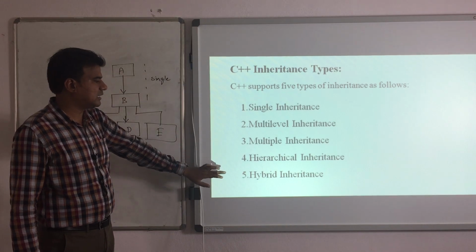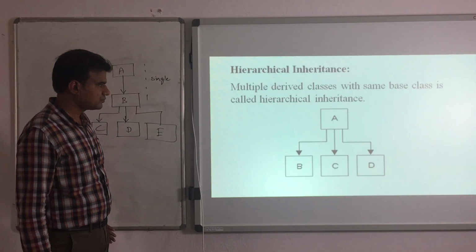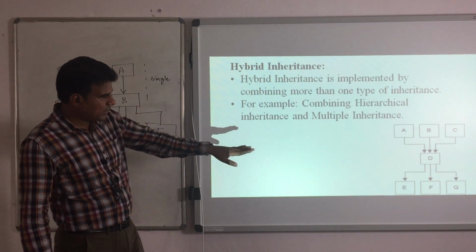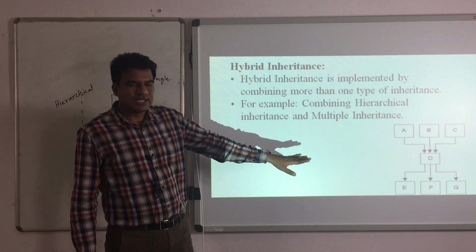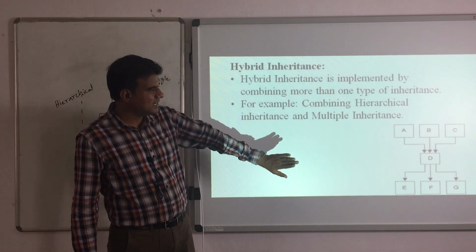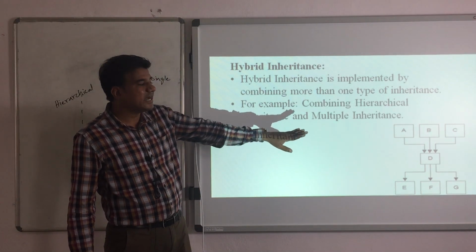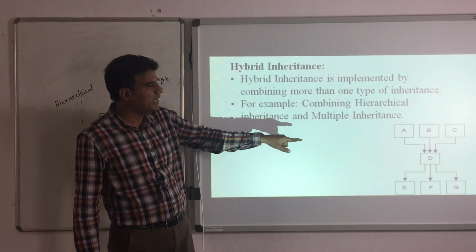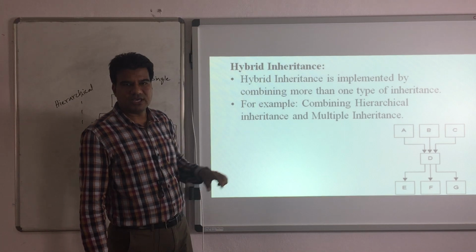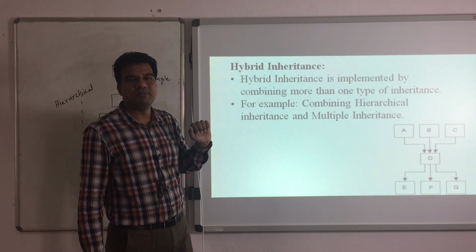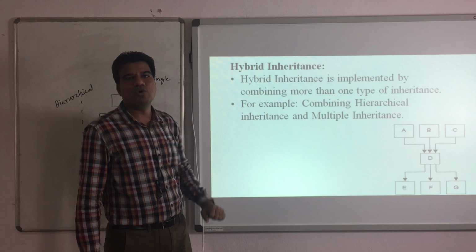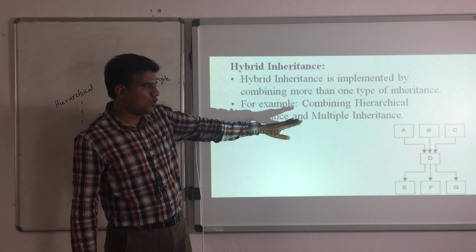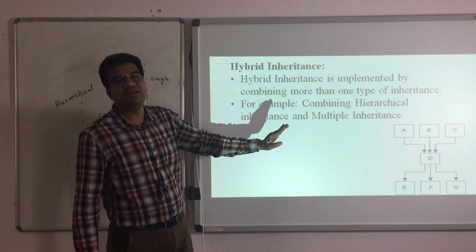Quickly go to the hybrid inheritance slide. Yes, this is hybrid inheritance. If you ignore E, F, G, the bottom three classes, and consider the top four classes, that will become your multiple inheritance, because you are deriving D from A, B, C. A single derived class from multiple base classes. So the first four classes form multiple inheritance.